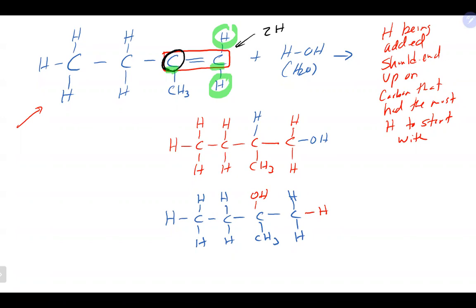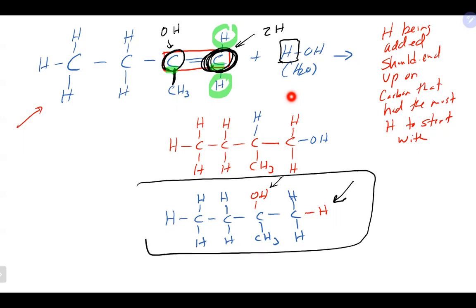There are none, because this is a carbon to carbon connection. The rule says that the hydrogen coming in should go to the carbon that started with the most hydrogens. In this case, that is this carbon, which means the hydrogen should end up over here, and the OH should end up over there.